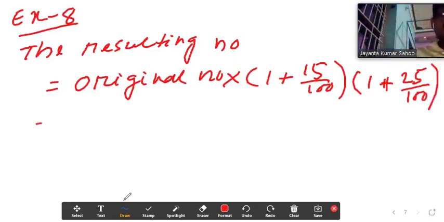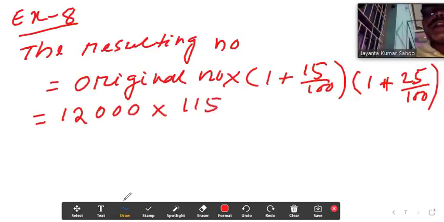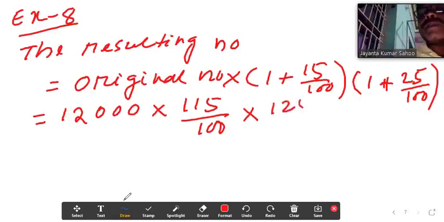So we can write now that the original number is 12,000 rupees into 1 plus 15 by 100, which can be written as 115 by 100, into 125 by 100.